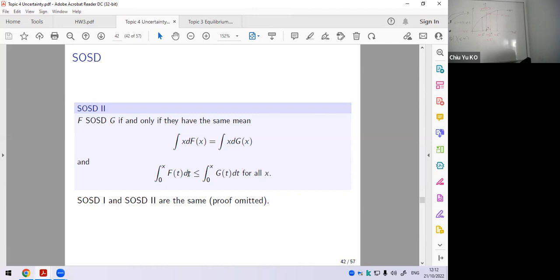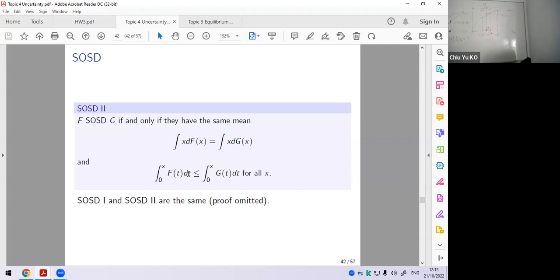I need not require that G is always to the left of F. If they do, then already yes, because later we will show FOSD implies SOSD, as you can easily see by definition. So what we now require is the following.